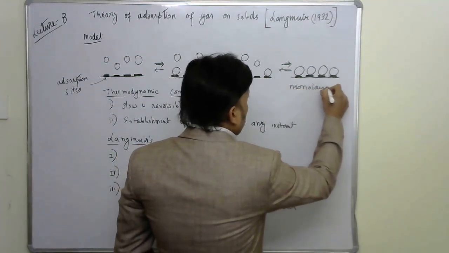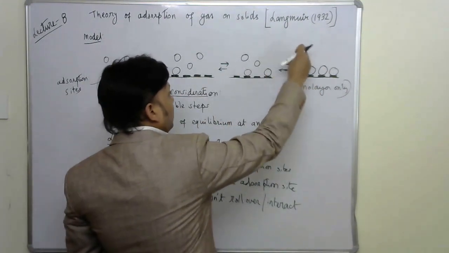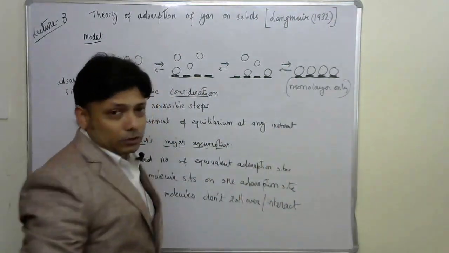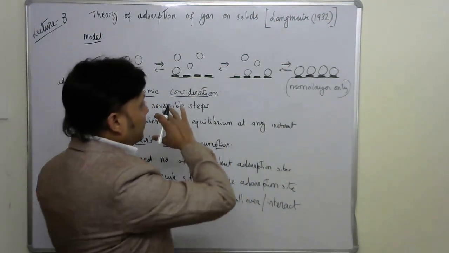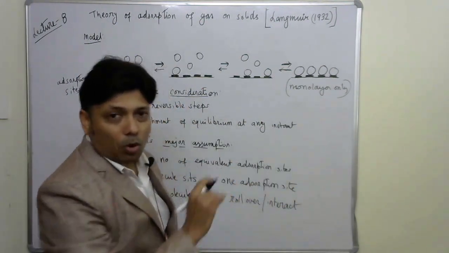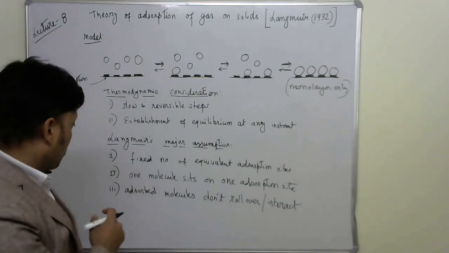That means we won't have a gas molecule sitting on another gas molecule, but it would sit exactly on the solid surface. The best possible scenario is the formation of a complete monolayer. So no multilayer formation is assumed in Langmuir's model.